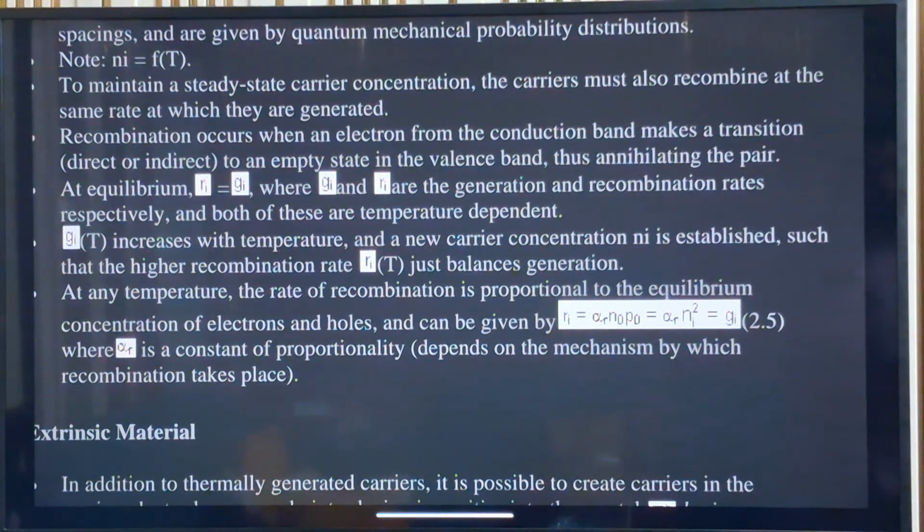So basically, at a particular temperature, if you leave a semiconductor for a long amount of time, it attains equilibrium where we get a fixed Ni. And at this point, we know that the rate of generation of electron hole pairs and the rate of recombination of electron hole pairs are equal.